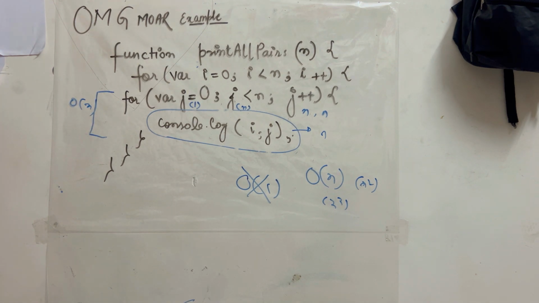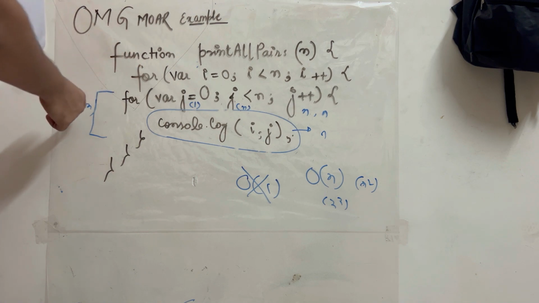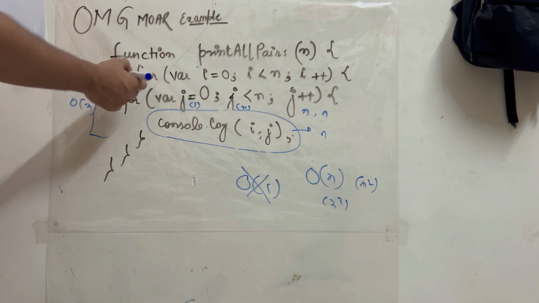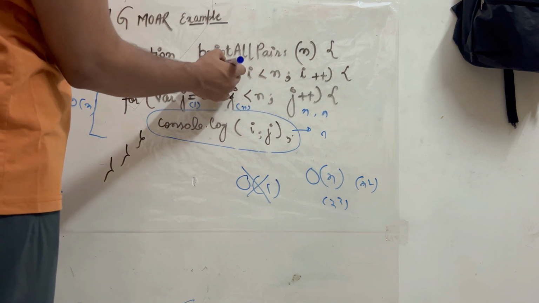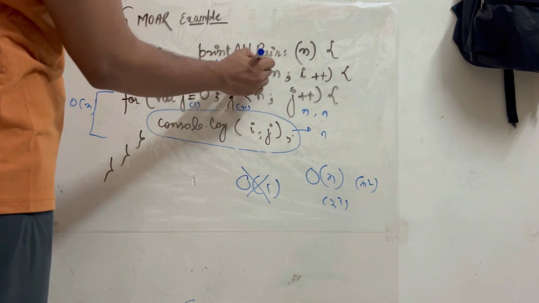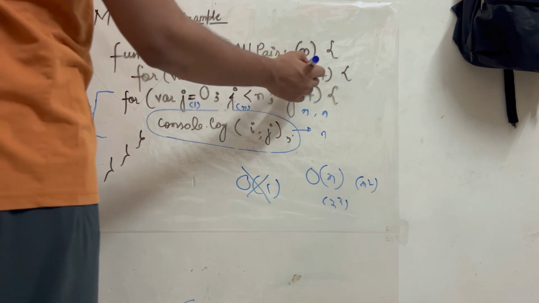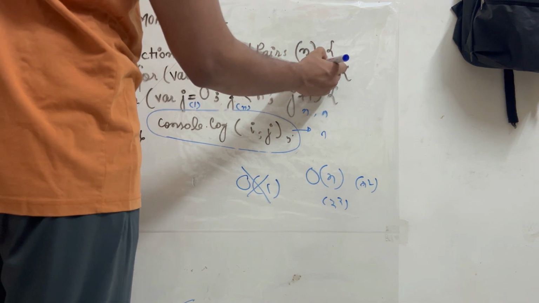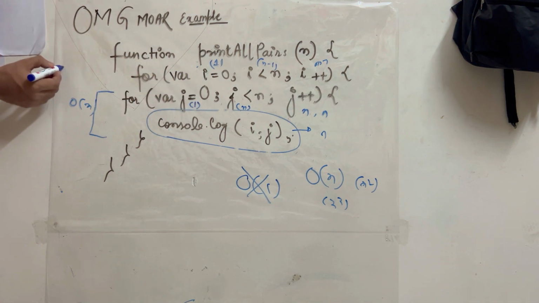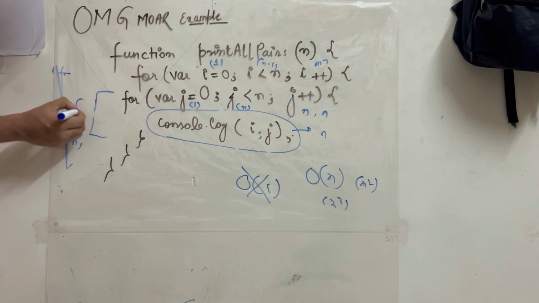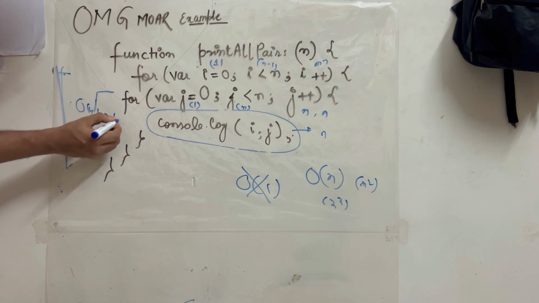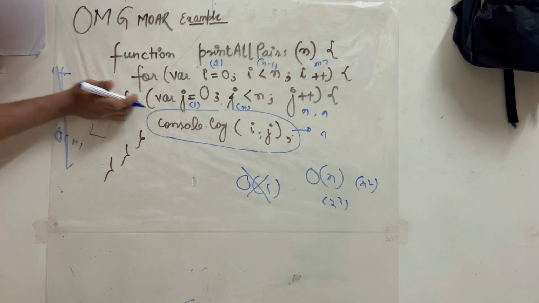Let us see the outside thing. The outside for loop will make this thing run how many times? There is also a for loop similar to this. i equals 0, that is an assignment, and this is n minus 1, and this is n comparisons, n assignments. So overall the outside loop's big O is also O of n, right? Let's name this inside O of n as k.